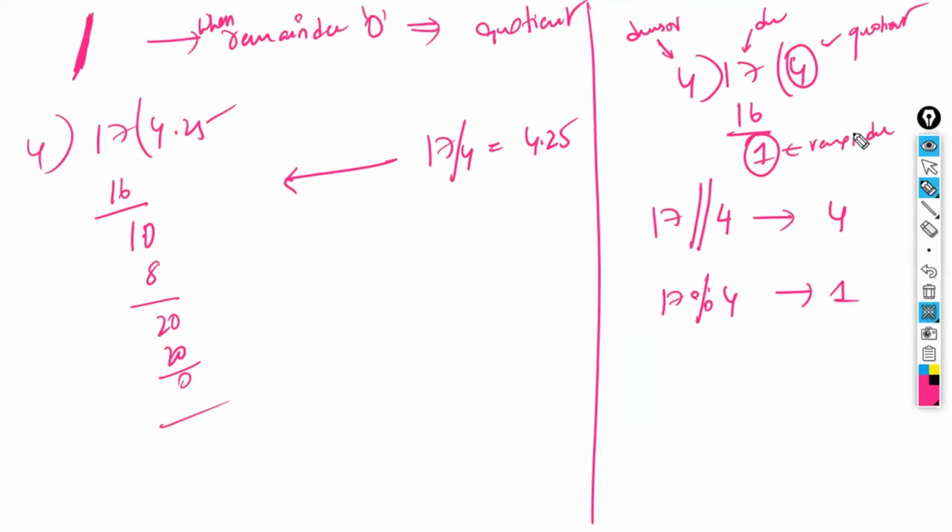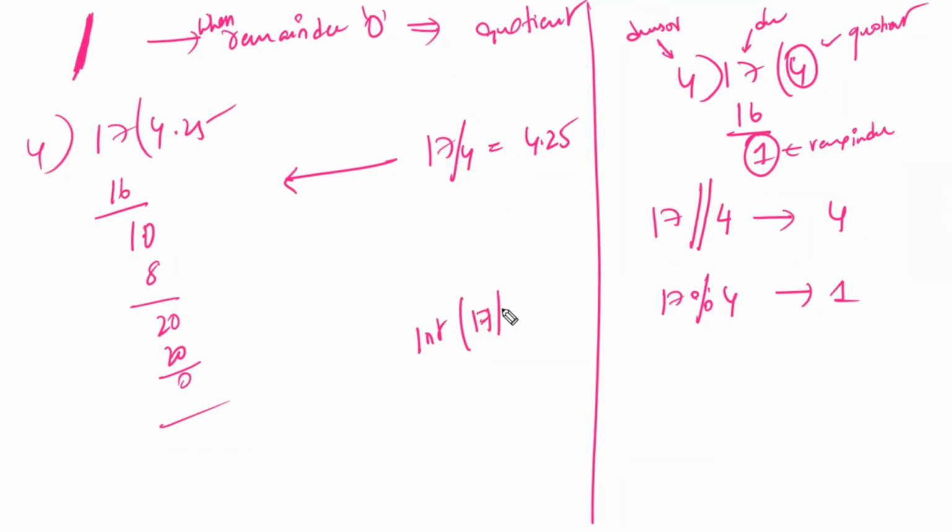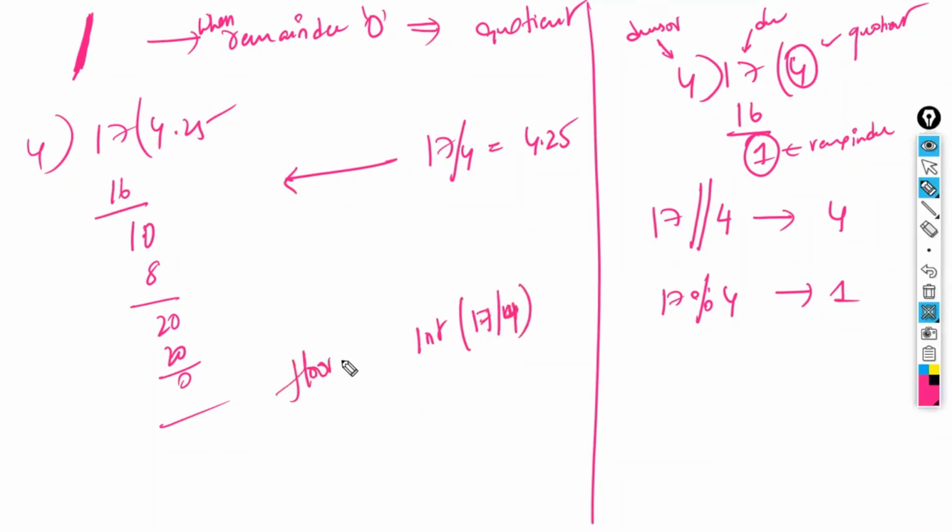Floor division returns the quotient value. To simplify, int of 17 by 4 is nothing but your floor division. First you calculate the normal 17 by 4 and get 4.25, then apply int to it. Even if you got 4.9999, int of that is 4 only.